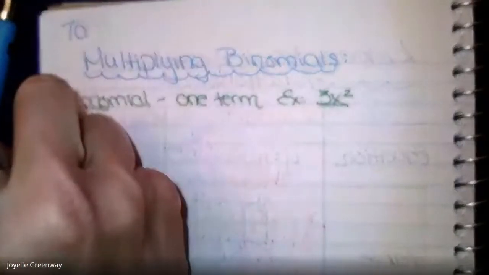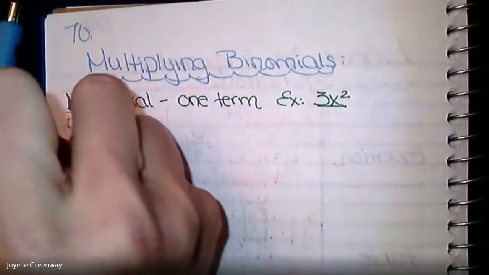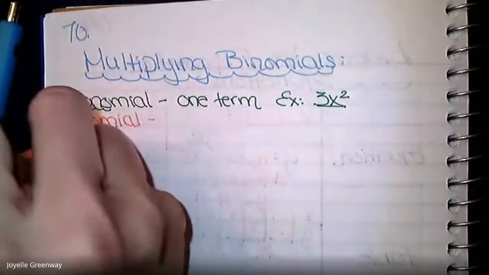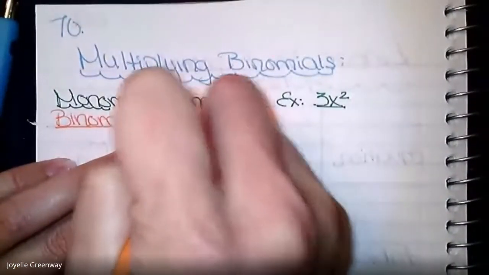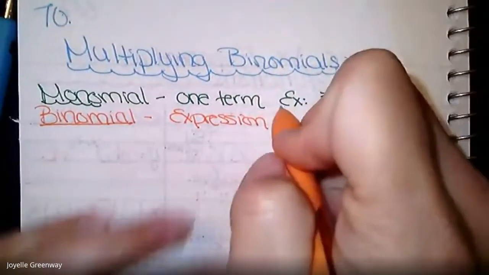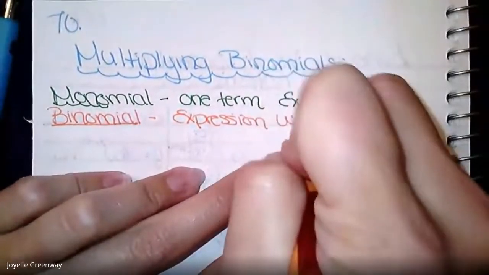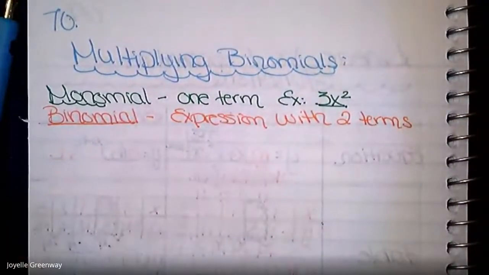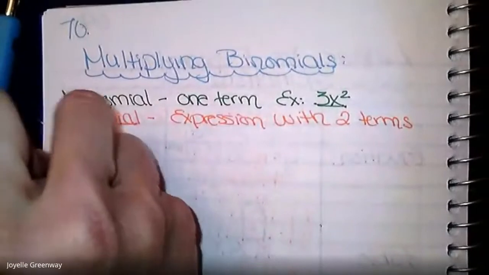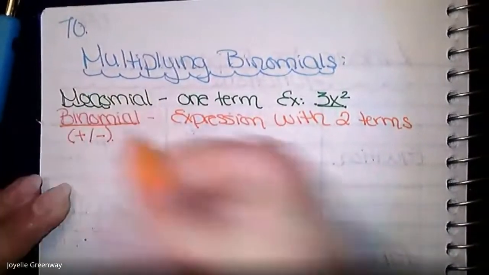So a binomial is an expression with 2 terms. And usually those 2 terms are being added or subtracted to each other.